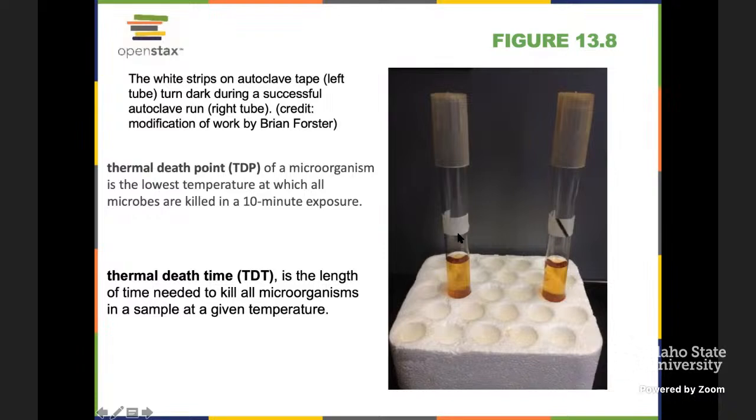The tape, like masking tape, has temperature sensitive markers in it. They turn black, as we see over here, only if it's made it to 121 degrees Celsius. If we haven't hit that temperature, it remains colorless. So this is an indicator that your sample has reached the proper temperature.